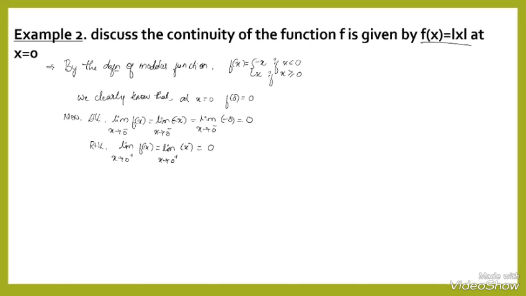Thus, the function f of x, the left hand limit and the right hand limit all coincide at x is equal to 0. Then the function is continuous.